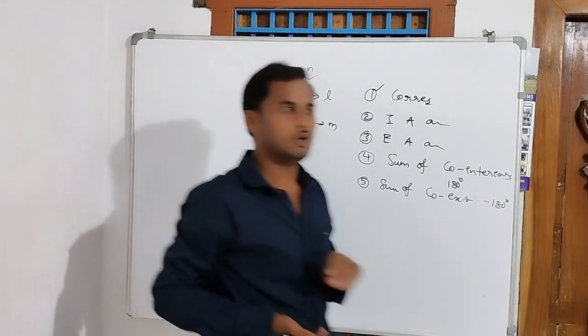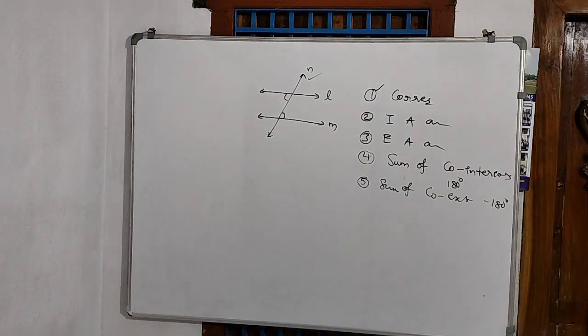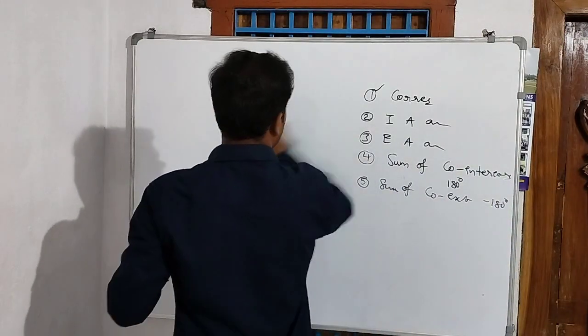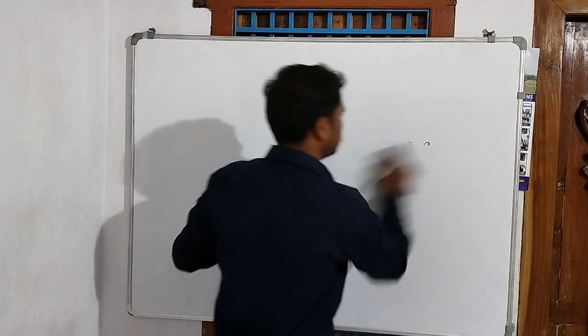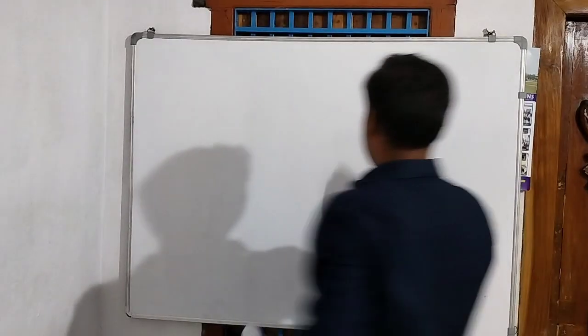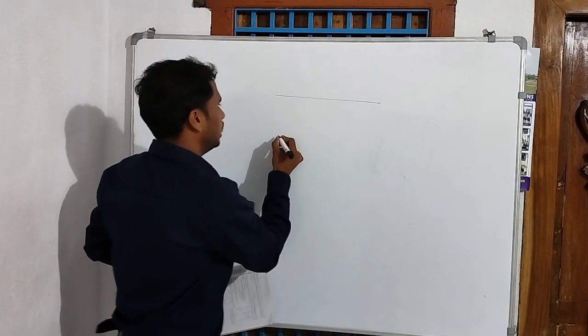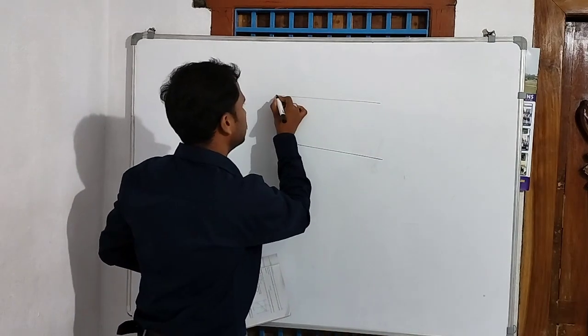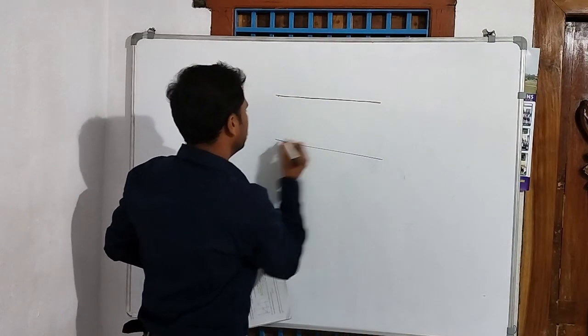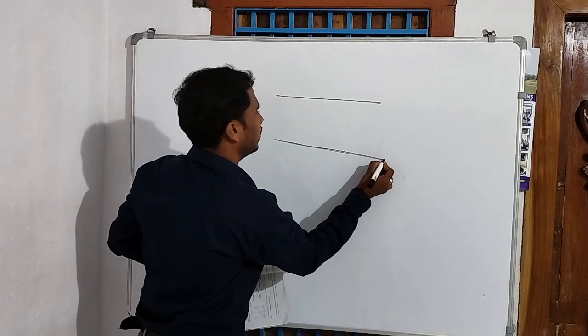Now I will do a few sums. Listen. This one understood? Okay, very nice. For example, observe this figure. These two lines are parallel.